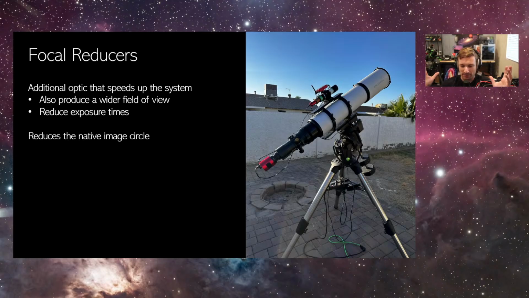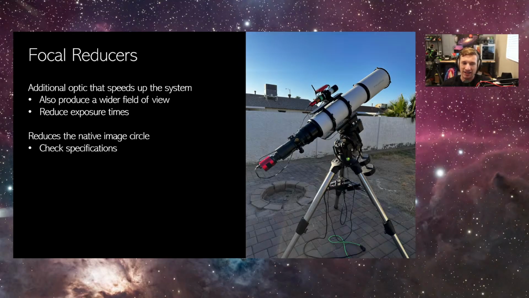Now, reducers generally mount onto the focuser, and at times they'll actually go up into the focuser or into the light path, and they catch it earlier and then focus it faster to the focus point. And when it does that, you're shrinking the image circle. So it takes the light cone from the existing telescope and then bends it quickly at the end there. So that way you're able to get a wider field of view, but that comes with a compromise.